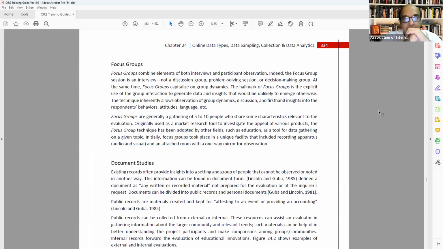So that is the dynamics of it. And of course, usually it is 5 to 10 people who share some characteristics relevant to the evaluation. Originally used as a market research tool to investigate the appeal of various products, the focus group technique has been adopted by other fields such as education as a tool for data gathering on a given topic.